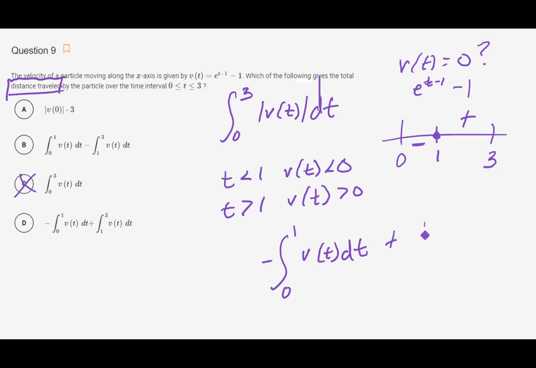And then I'll add from 1 to 3, which will be positive, so I don't have to worry about any negatives. That matches up with this one, letter D. On D, where they brought out this negative sign, the negative is negating this piece, which is negative. We want it to only be positive because we're looking at total distance.